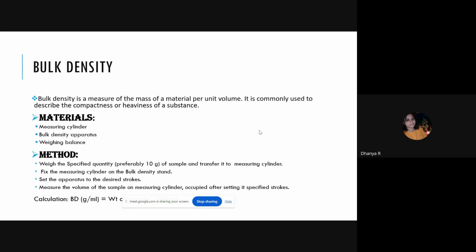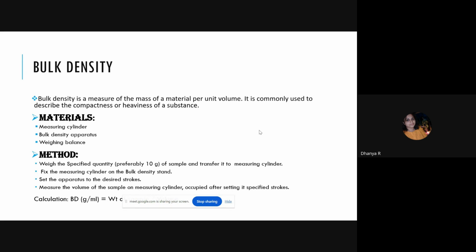Bulk density is the mass or the weight of the material per unit volume, and it is commonly used to describe the compactness or heaviness of a substance. Actually, it is done in the pharmaceutical industry for solid dosage manufacturing, packing, etc. We can think about a 500 mg paracetamol and 500 mg cotton.